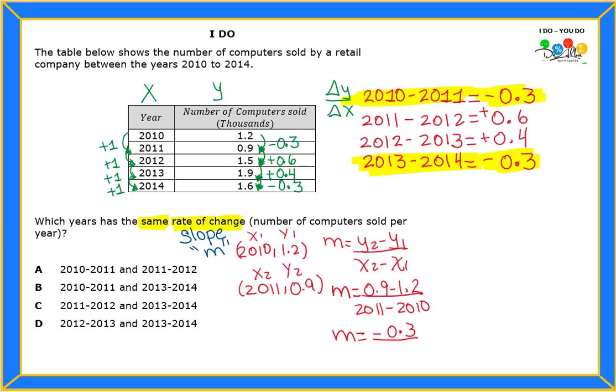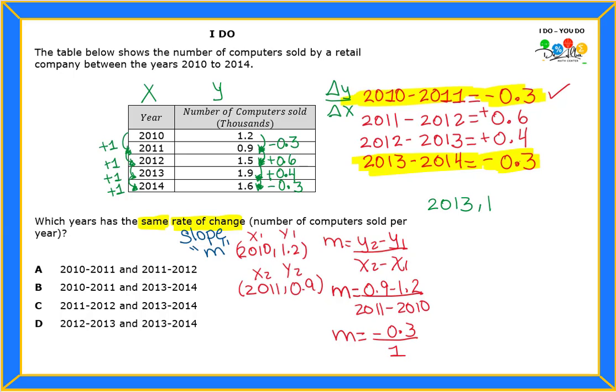On the denominator will be a 1. And negative 0.3 over 1 is the same as negative 0.3. So first point, check. Is that right? If you do the second point, we're going to choose between the years 2013 and 2014.